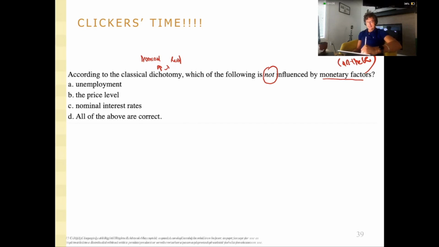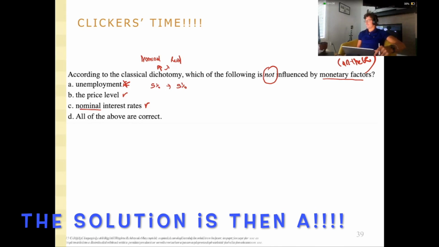Price level will be affected by monetary factors. Nominal interest rates, or nominal variables, will be affected, but unemployment is a real variable. So this will not be affected. If it was 5% of unemployment, it stays 5%, does not move. Okay?